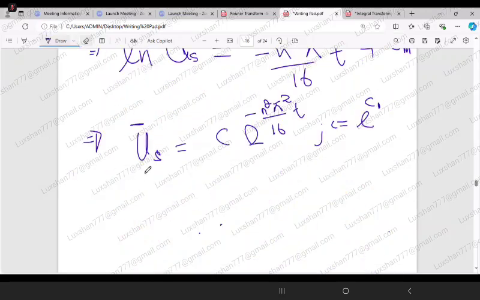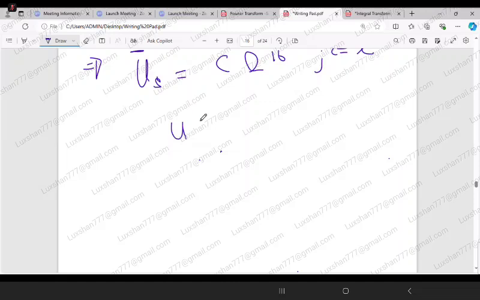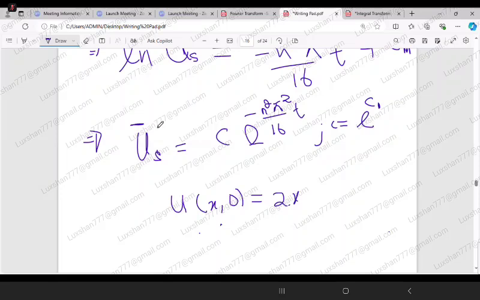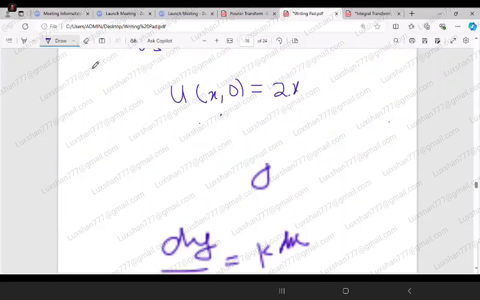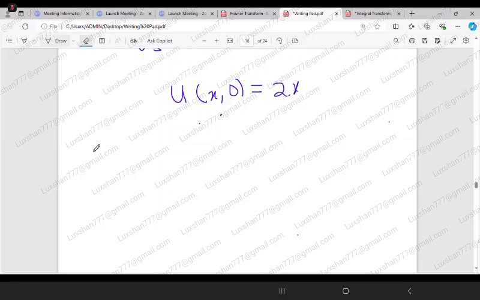The initial condition we are given is u x comma 0 equal to 2x. Actually, we can't use this one because we have the u bar function. Therefore, what we want is to find u bar s n comma 0.